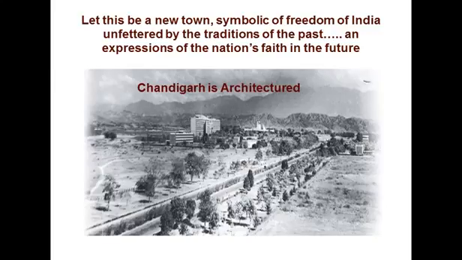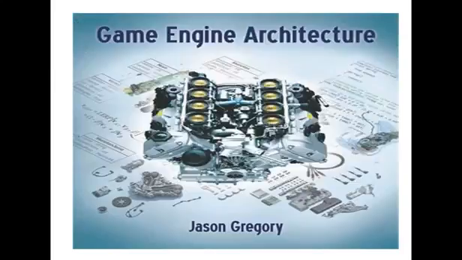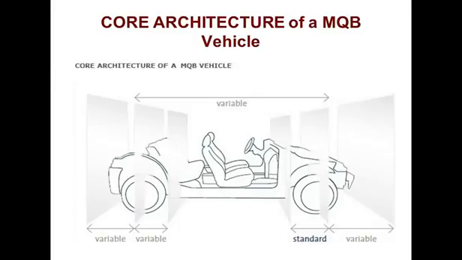Architecture is creating something new, and architecture is everywhere. You cannot imagine this modern world without it. For example, just after independence in 1947, the Punjab state got partitioned between Pakistan and India. When they wanted to make a capital city in Punjab, they didn't have a big enough city.